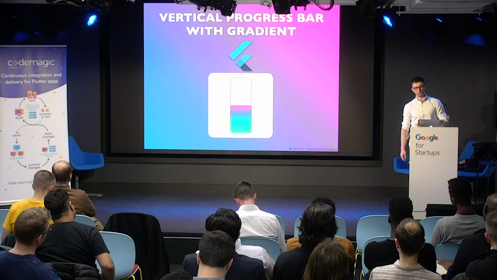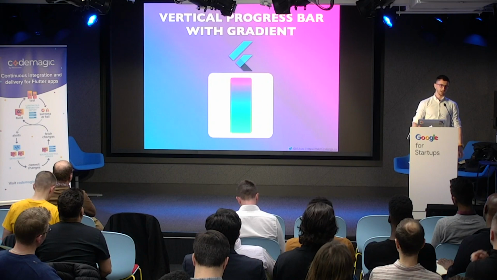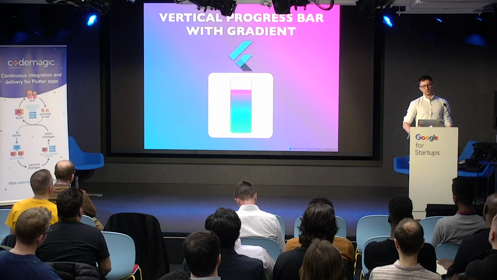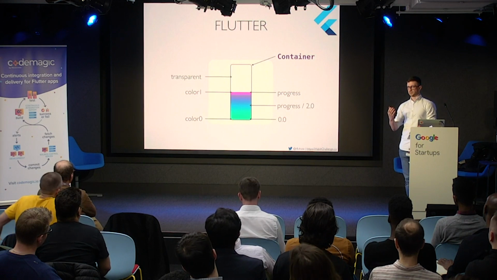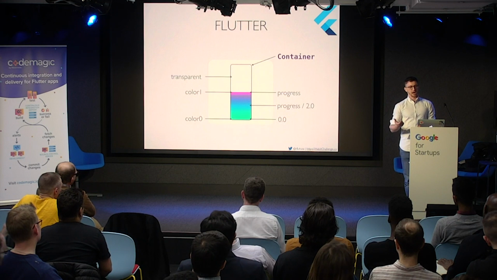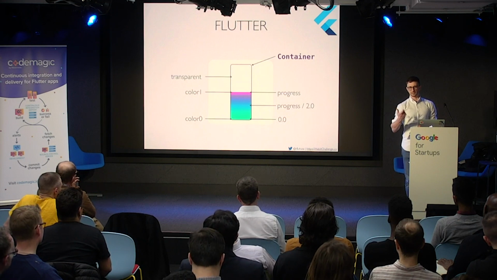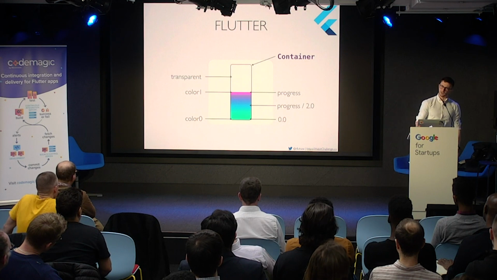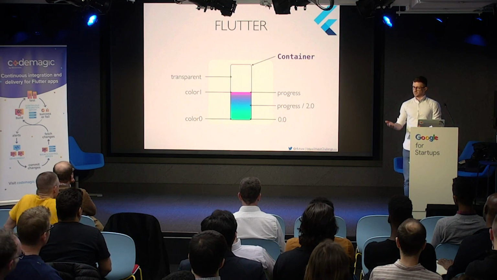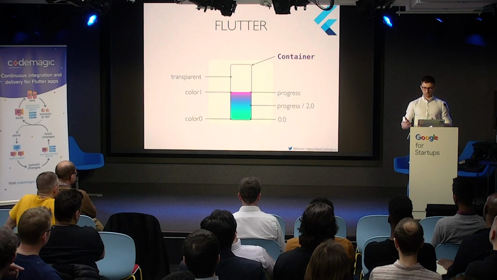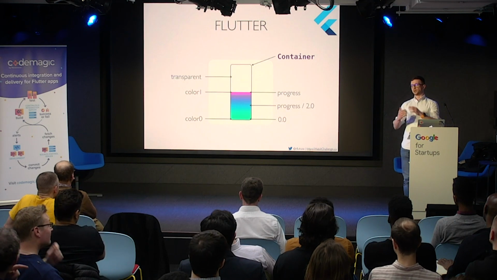Okay, let's move to the Flutter implementation. The same widget, the same requirements. How can we do it with Flutter? In Flutter, there is a LinearProgressIndicator component, but it has the same limitation as React Native Progress. It can only get a single solid color as a parameter. So there's also a Container widget that gets a BoxDecoration that can also define a gradient.